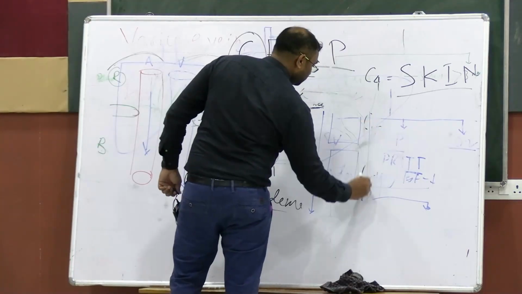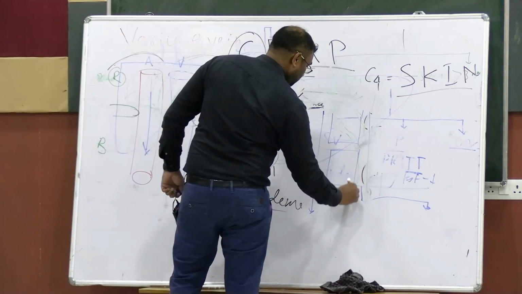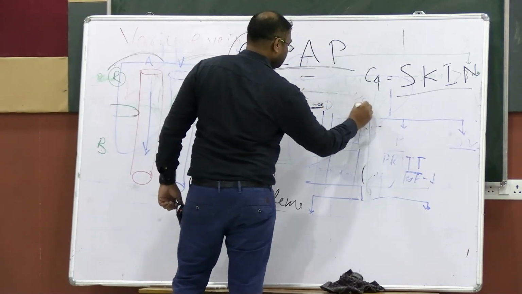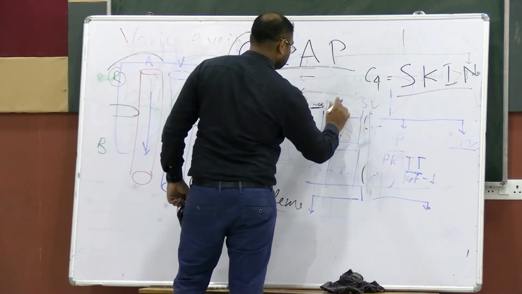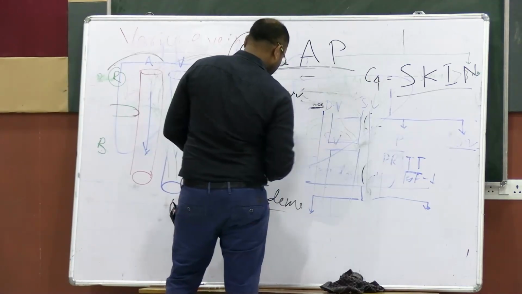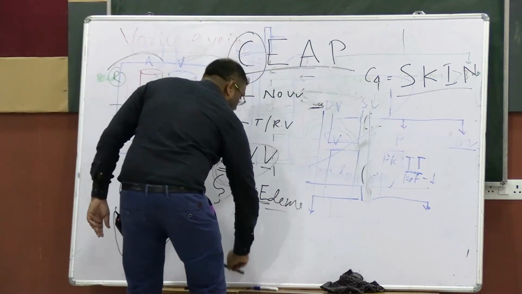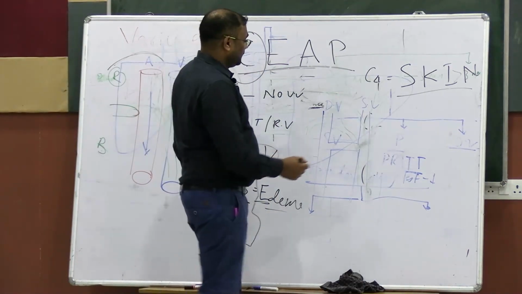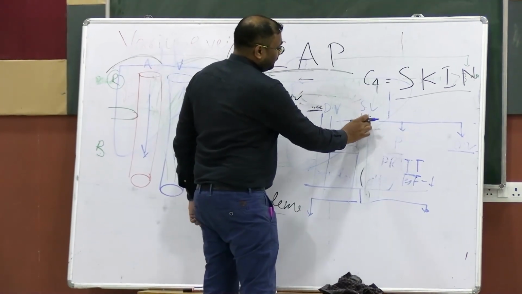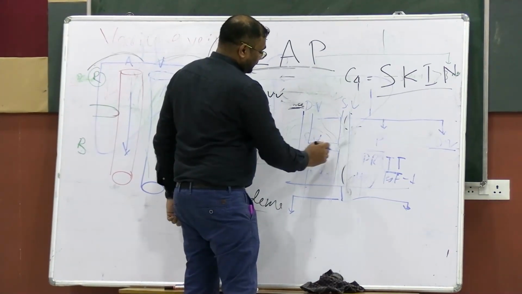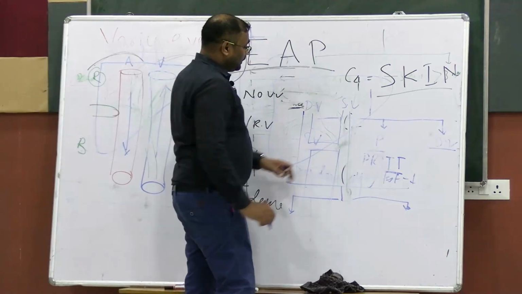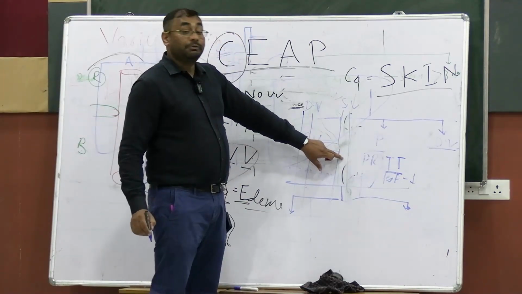So stocking, how will it help to prevent varicose vein? This part of the vein is incompetent, and this is the deep venous system. So this part is not working fully.